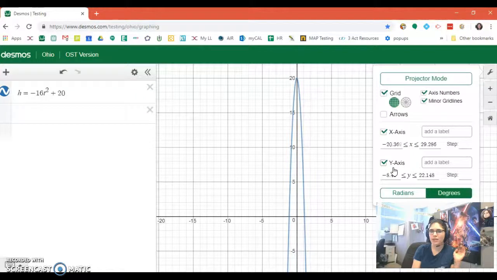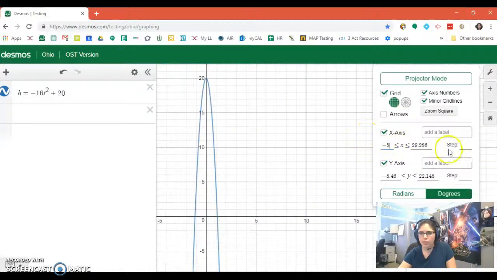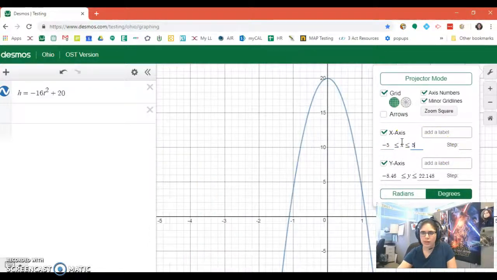My y-axis is okay, my x values are really smushed together. So I want to stretch that out a little bit. So on my x-axis, instead of going from negative 20 to 20, if you look at these x values, I really don't even get close to 5. So I'm going to go from negative 5 to positive 5.